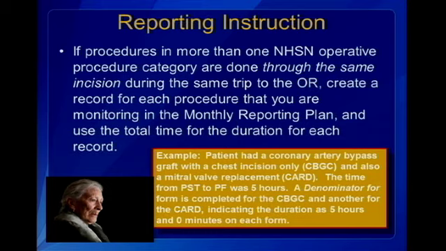You could have a person that they were planning to do a CABG and they were planning to do a CARD. They knew they were going to do a CABG and they were going to replace a valve at the same time. It's going to make that a little longer procedure, yes. If you are from a hospital that's following CARDs and following CABGs, you are going to put down the entire time that that took on each of those. So your CARD is going to say that this was a 5-hour procedure, and your CABG is going to say that this was a 5-hour procedure. All right, so you're going to have both of those.